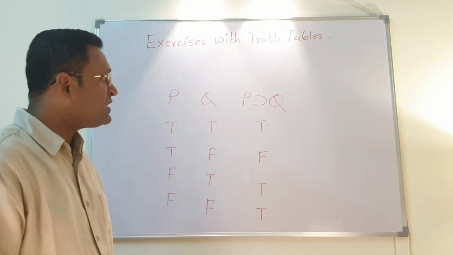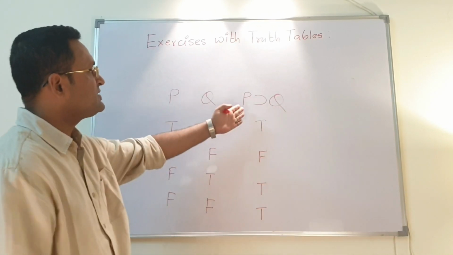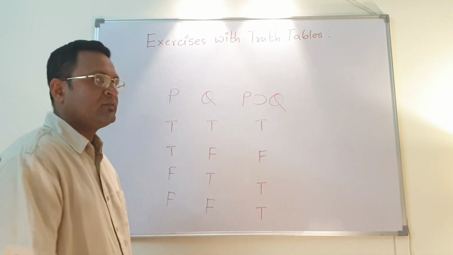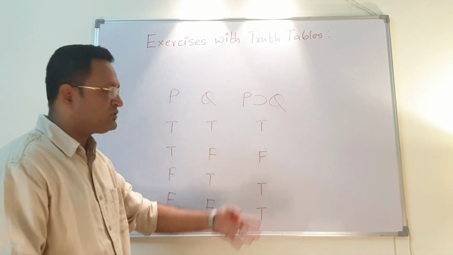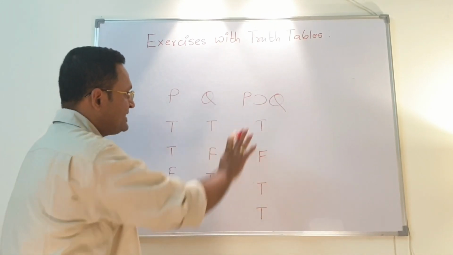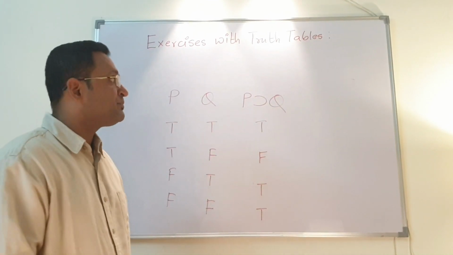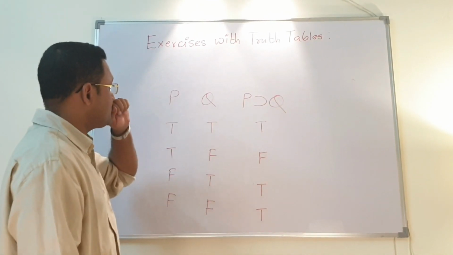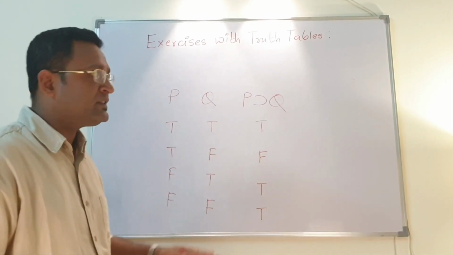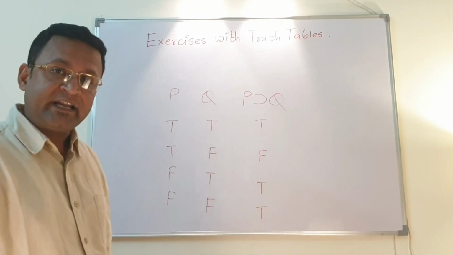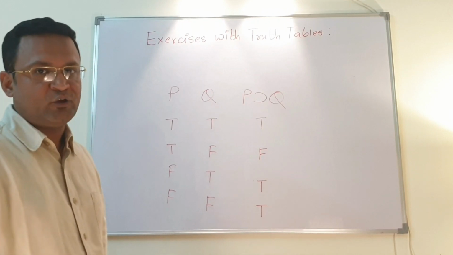Now you can see that this is just the truth table of P implies Q. But drawing this truth table alone will not suffice for showing whether this argument is valid or invalid.